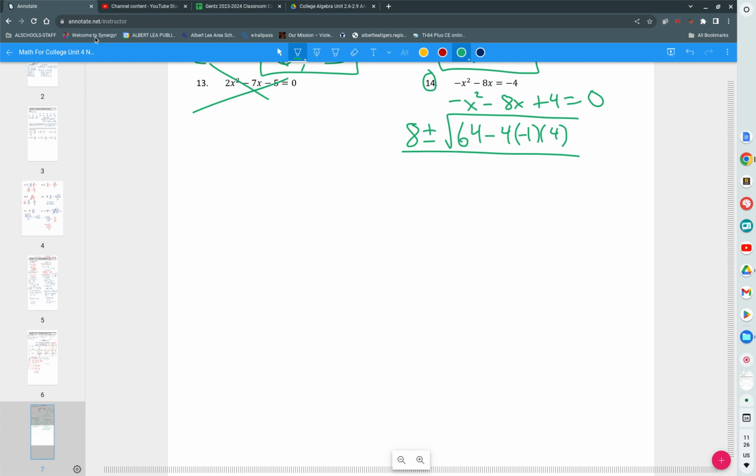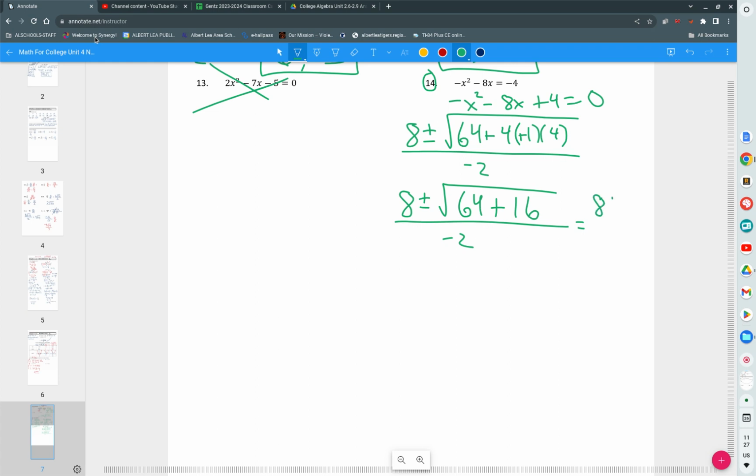Divided by what goes on the bottom this time? Negative 2. That is 8 plus or minus the square root of, is it going to be 64 plus or 64 minus? 64 plus. And 4 times 1 times 4 is going to be 16. What is 64 plus 16?